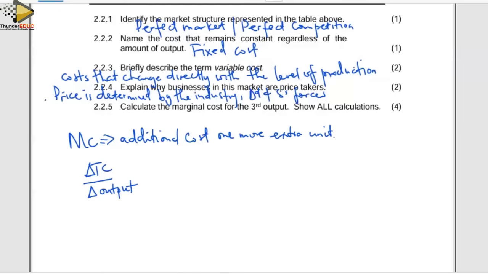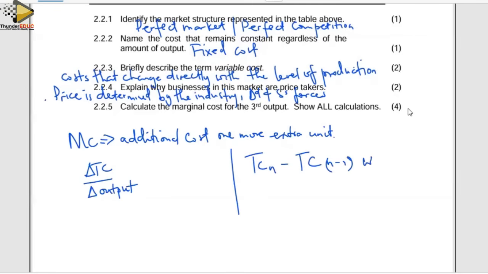So the change in total cost divided by the change in output gives us the marginal cost, which is the additional cost. Or in other words, we can use this formula here: TCn minus TCn-1.